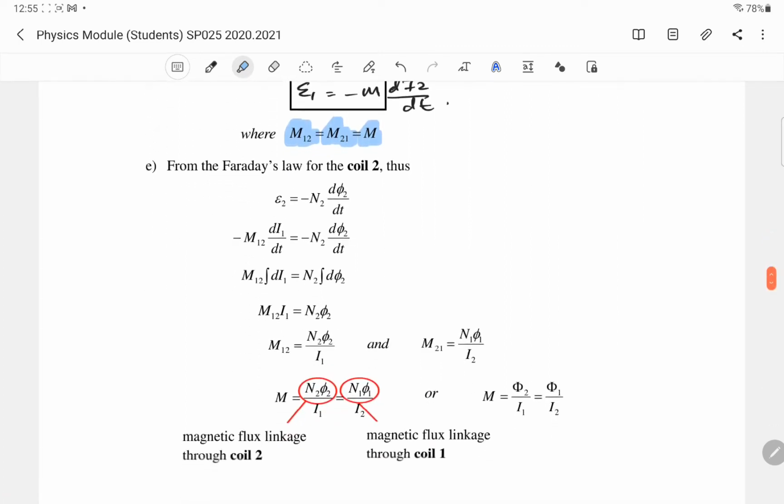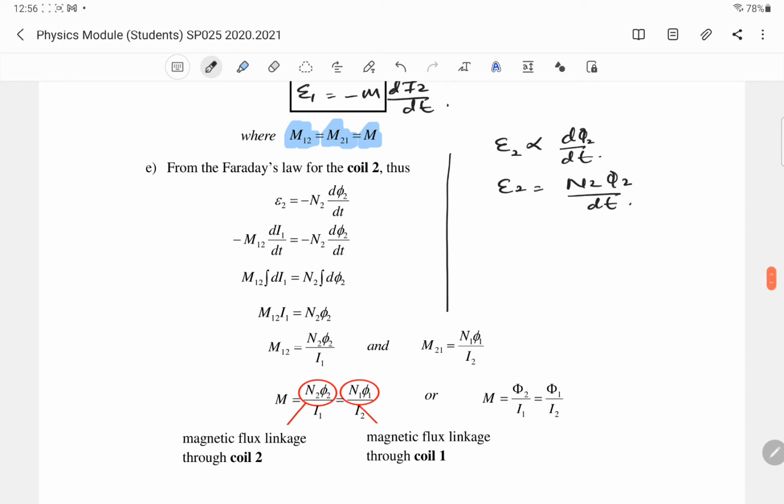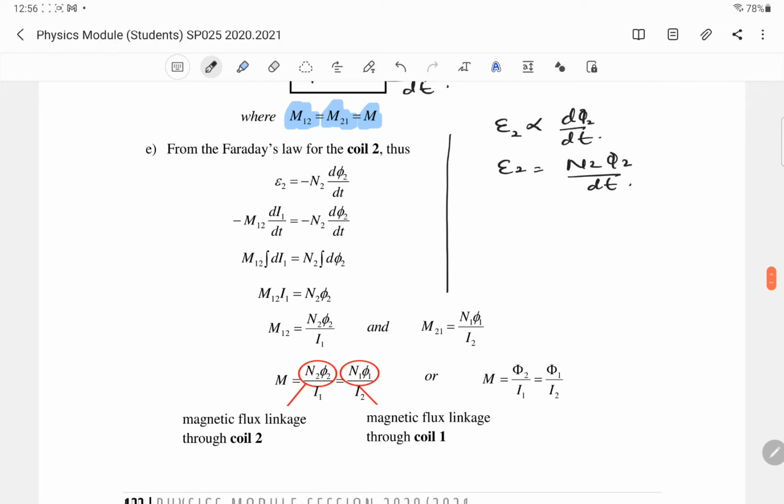Okay, so we do the differentiation. So kita tahu sebelum ni kita belajar EMF induced is directly proportional to the rate of change of magnetic flux. So E2 is equal to N2 dΦ2 over dt. Okay. Tapi untuk kita punya mutual inductance, EMF induced is directly proportional to the rate of change of current in coil number 1.